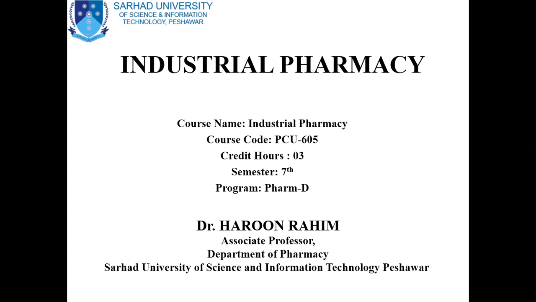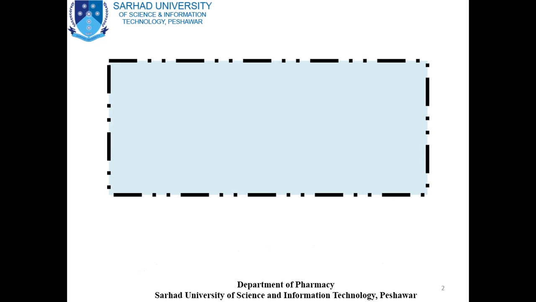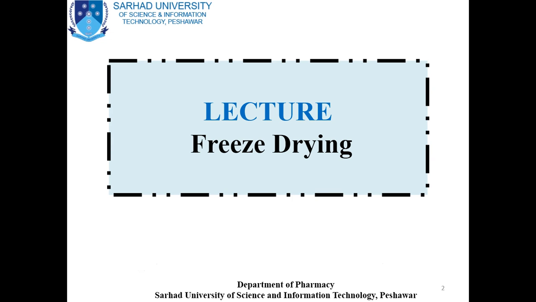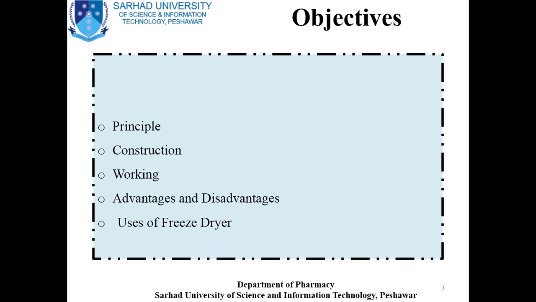One basis that we have discussed in the previous lectures is the classification of dryers on the basis of solid material handling. One class of dryer is the static bed dryer, and the example is the freeze dryer.